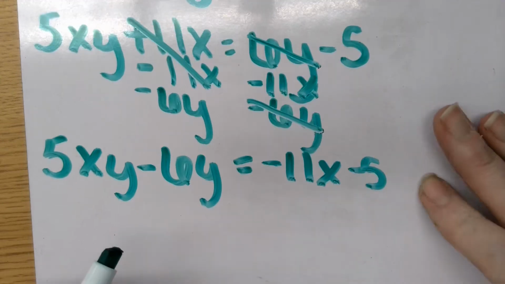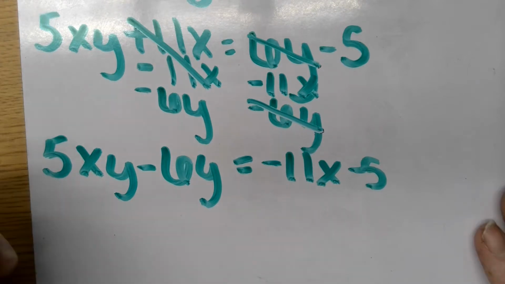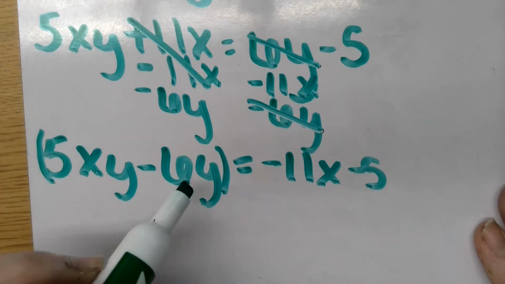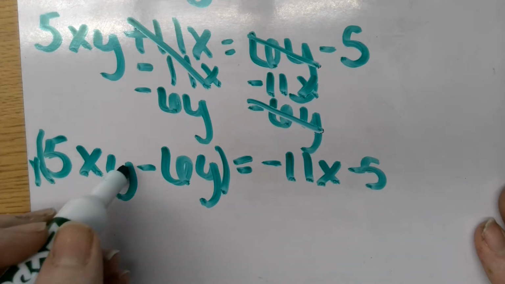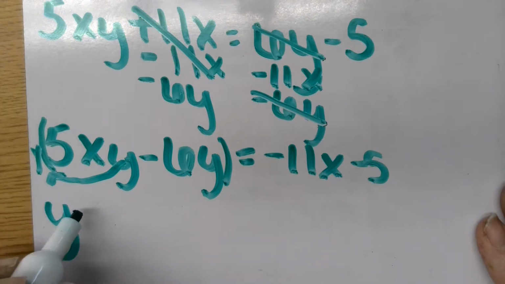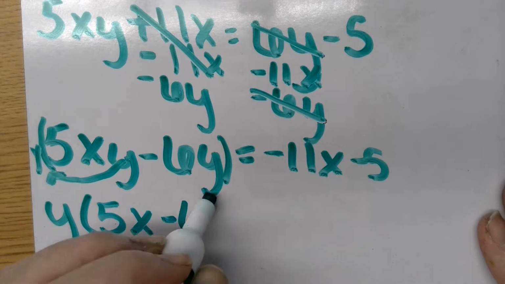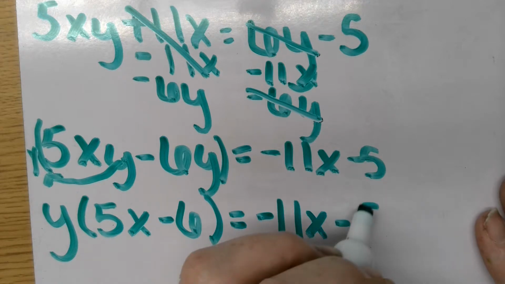All right, and then now they want me to isolate that y term, or use the distributive property in reverse. So I'm going to take that y out, put parentheses around and just put the y out here. So you're going to take this y out, put it over here, so I'm going to be left with y times 5x minus 6 equals negative 11x minus 5.